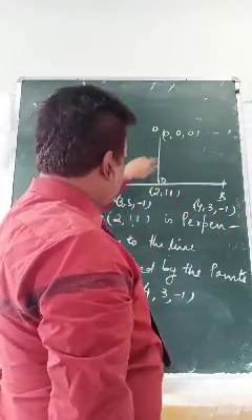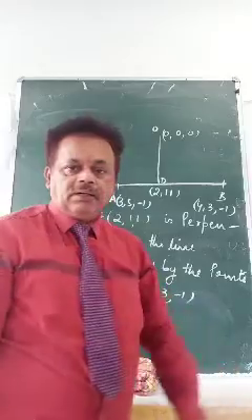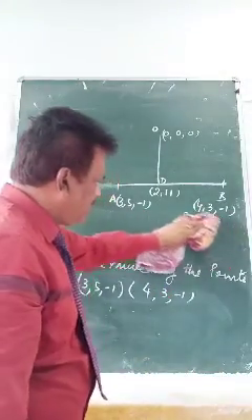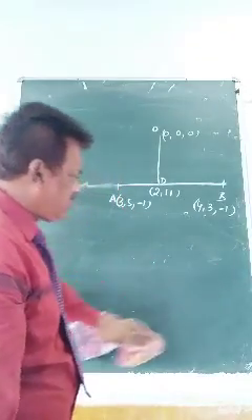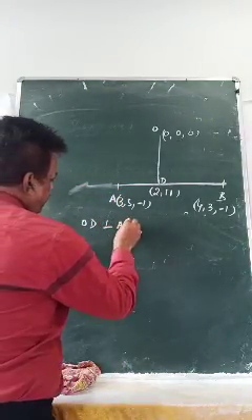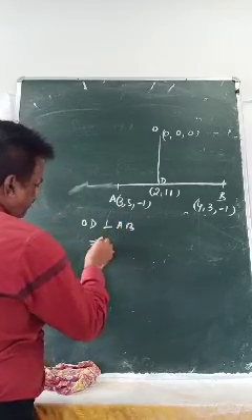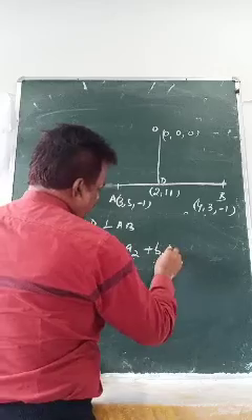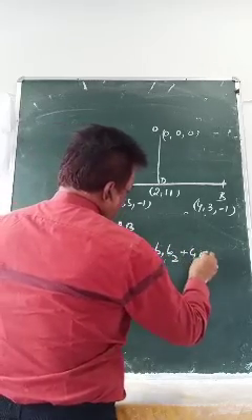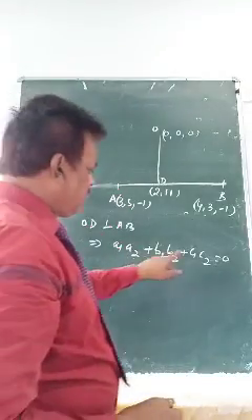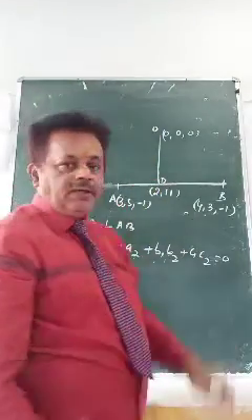So this line OA is perpendicular to the AB line. So what is the formula, if you remember? In terms of direction ratios, OA perpendicular to AB: a1 a2 plus b1 b2 plus c1 c2 equals to 0. So a1, b1, c1 is the DR of OA.